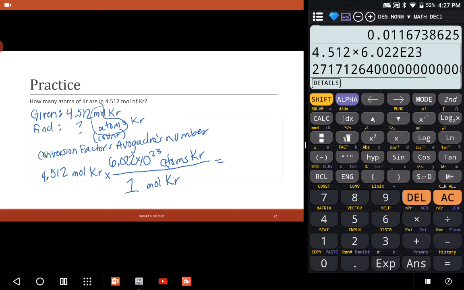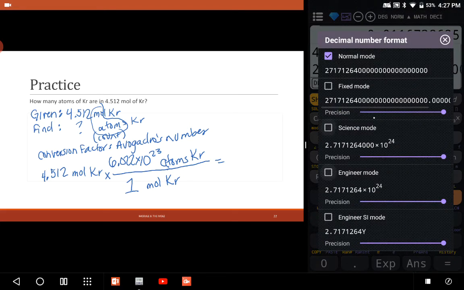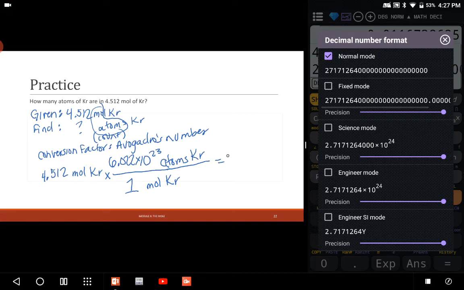And my calculator didn't automatically report that in scientific notation, and so I'm going to have to force my calculator into scientific notation. You might need to change the mode on your calculator so that you can see what it is. So you might have to play with the menus a little bit to see what it is in scientific notation.